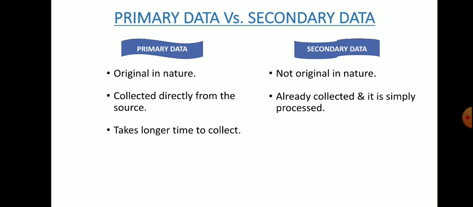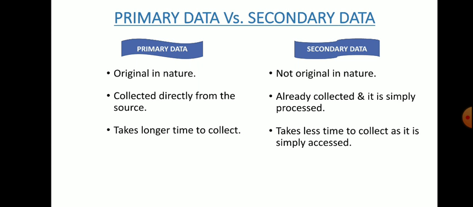Now, primary data takes a longer time to collect, huge time it will take, because you have to move down to each and every place or each and every house to collect the data. But when it comes to secondary data, it takes very little time. Government will invest huge time, huge workers or investigators for those censuses.